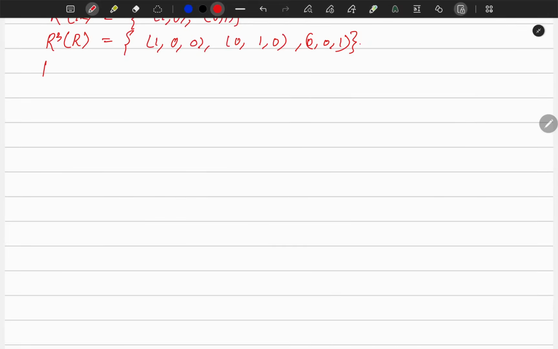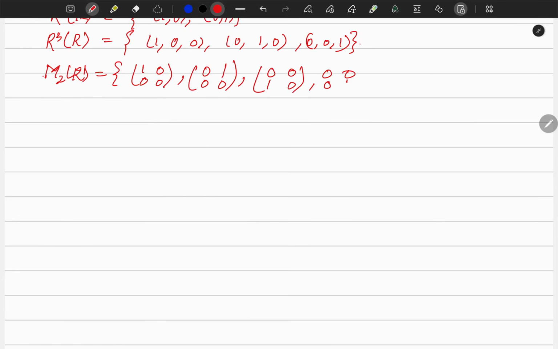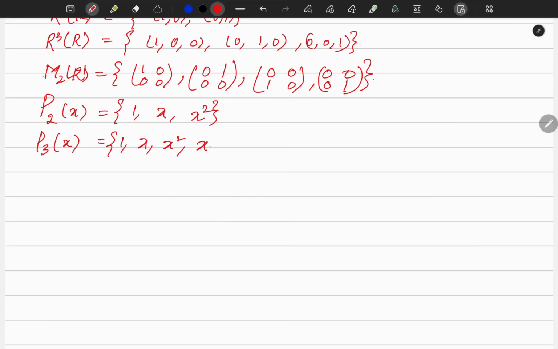Similarly, they may ask for the standard basis of the matrices M2 over R. You have to write 1 0 0 0, 0 1 0 0, 0 0 1 0, 0 0 0 1. They can ask the standard basis of P2(X), polynomials of degree 2 or less: that is 1, x, x squared. For P3(X): 1, x, x squared and x cube.